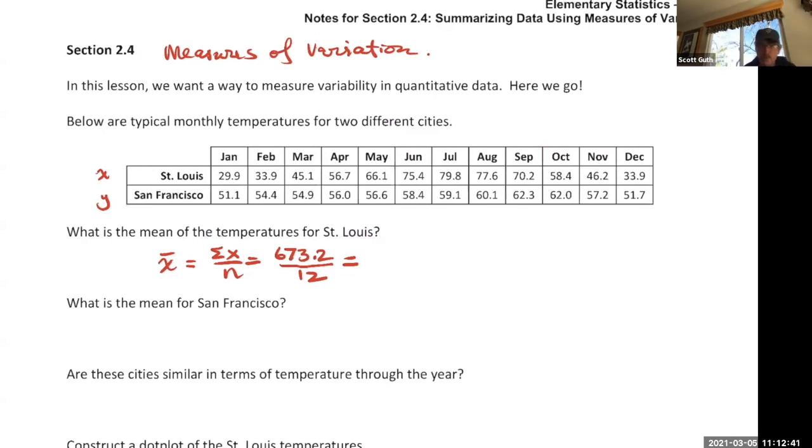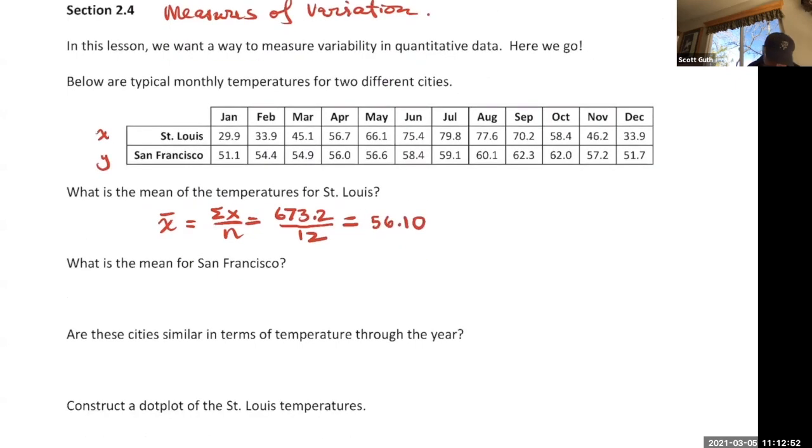That's 56.1. I'm going to put a zero after it. There's actually no rounding here, 56.10. And then for San Francisco, we're calling those values Y.